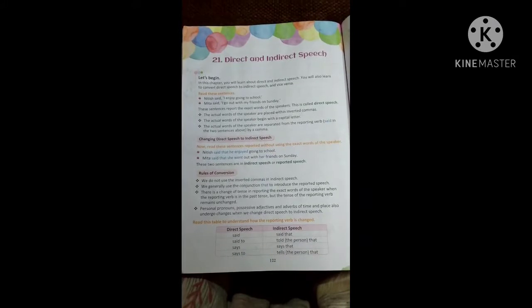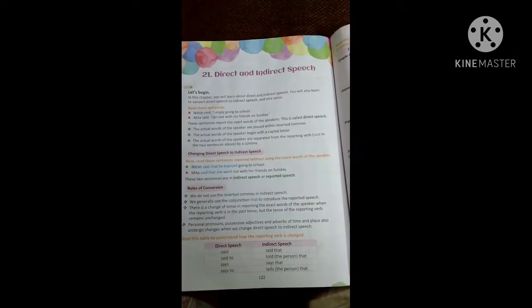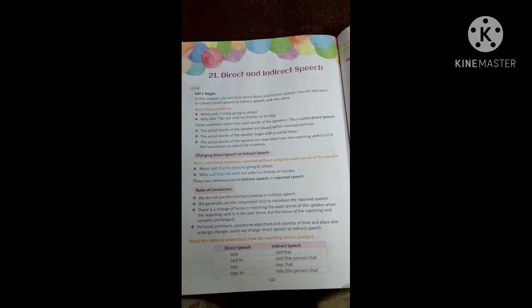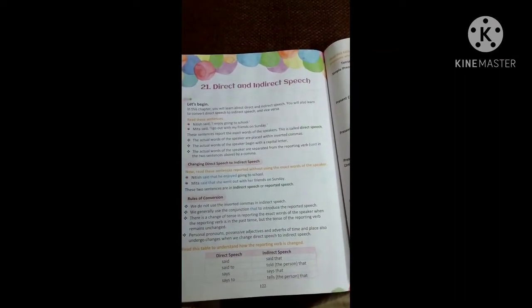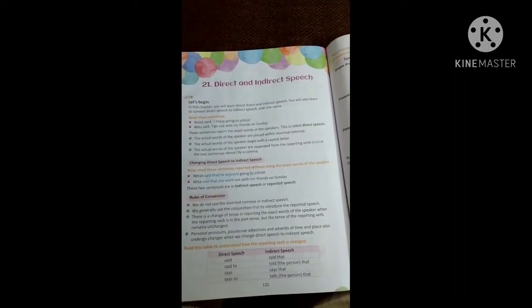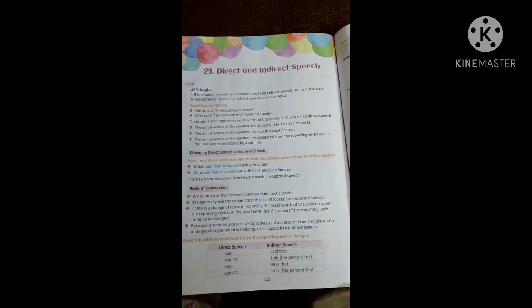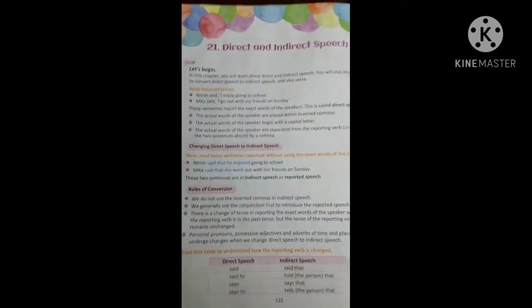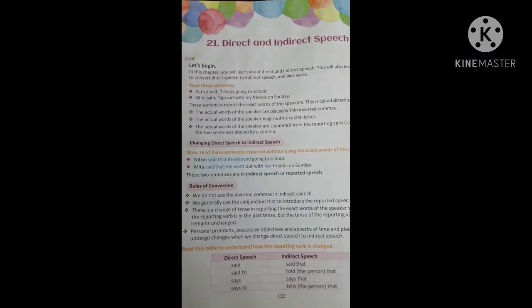Some students may find this chapter a bit complex, but if you learn the rules to be followed for this chapter, then it may be easier for you to know this topic well. So we will know about some of the rules about this topic.